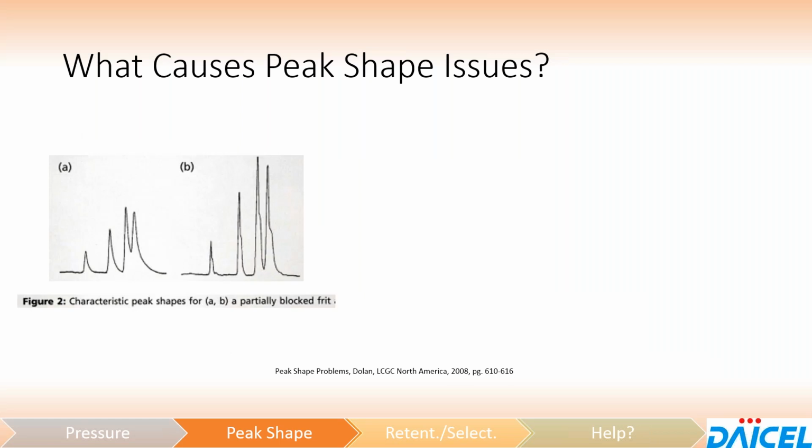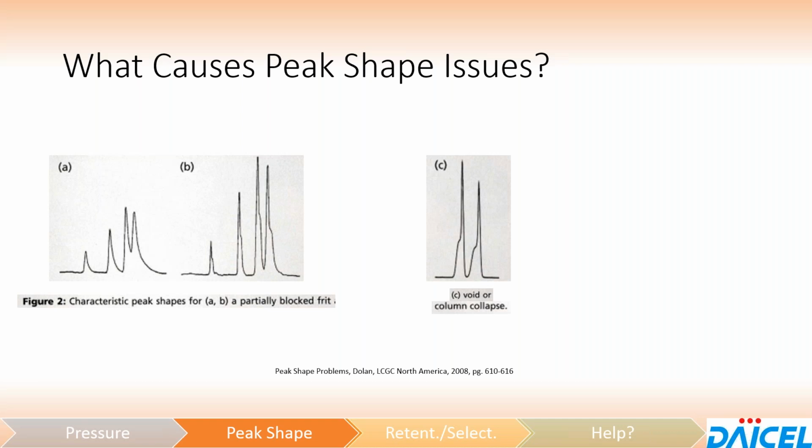So I showed this one before. This is related to partially blocked or blocked inlet frits. You can have either this peak tailing, significant peak tailing, which by the way can also be caused by chromatography issues as well, but like I said, we won't talk about those here today, or the kind of the shoulder as a result of blocked inlet frit. But you might also actually see fronting or kind of a front shoulder as a result of a void or a column collapse.